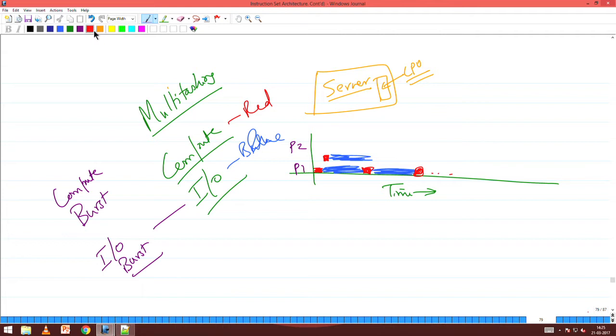Then process P3 can do its compute burst, and then it will start doing its I/O burst. So by the time process 1 finishes its I/O activities, several other processes can keep doing their compute. So perceptibly, when P1 is doing I/O, P1 is also executing, P2 will also execute, P3 will also execute.